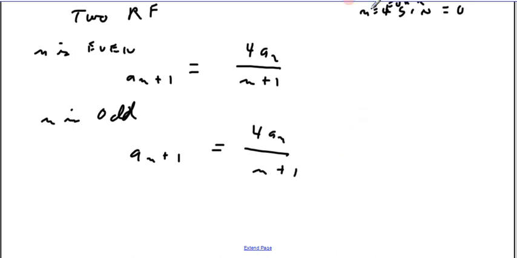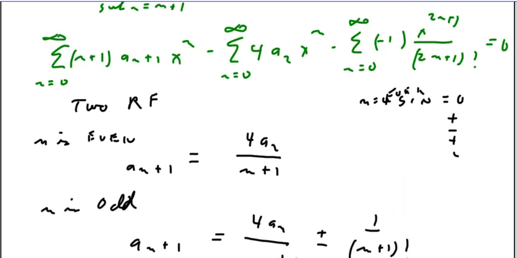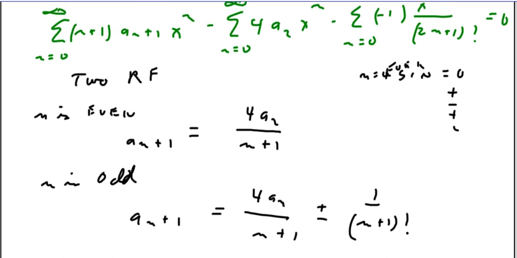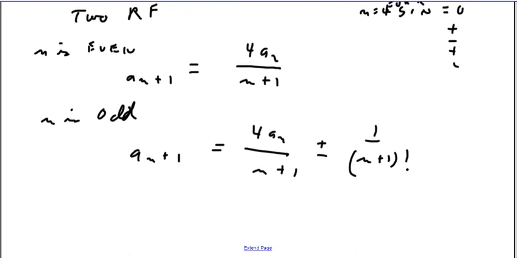And it's going to, because the sine function goes plus then minus, then plus then minus, then this guy is going to have to go plus then minus 1 over n plus 1 factorial. So I have two recurring formulas. One recurring formula for when n is even, one recurring formula for when n is odd. And now you have to convince yourself that that's going to work.